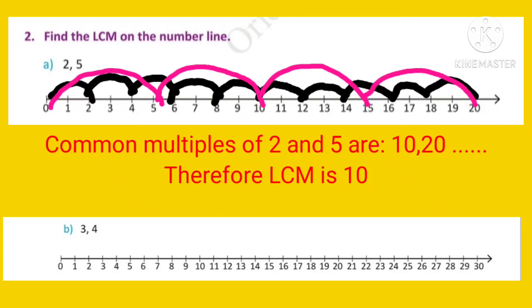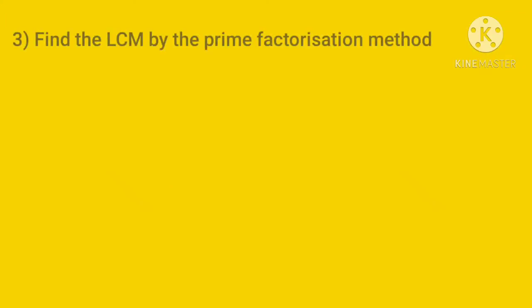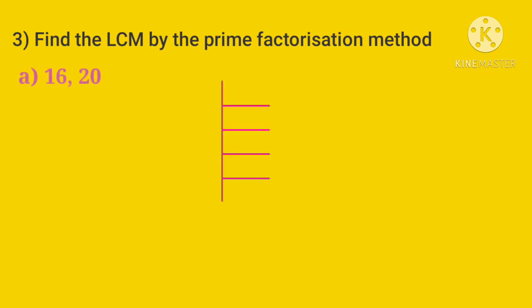The remaining sums you have to do in your classwork book. Now we will move to third sum, that is find the LCM by the prime factorization method. First sum 16 and 20. Here you find the prime factors of 16, that is 2 8s are 16, 2 4s are 8, 2 2s are 4.